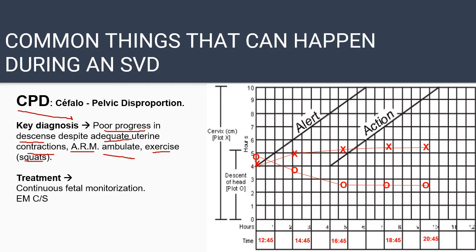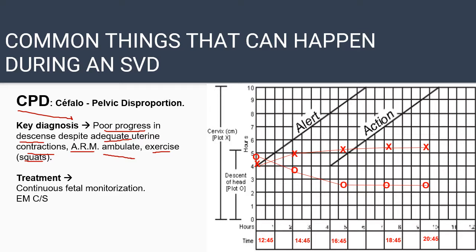So the membranes must be ruptured, and the uterine contractions must be normal. That means 4 in 10 minutes or 5 in 10 minutes with a duration of 35 to 45 seconds. If the contractions are not optimum, we need to augment with oxytocin. If the membranes are not ruptured, we need to rupture them. And after that, we evaluate in 1 hour.